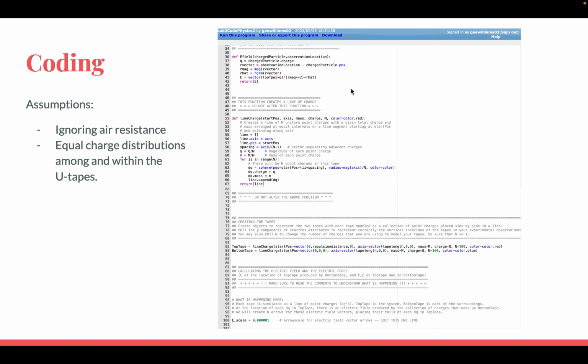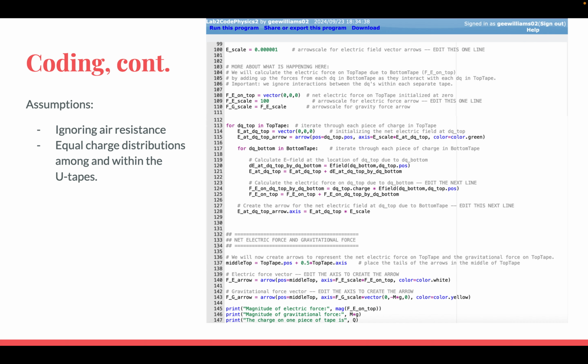So we found an E field, an electric field, and then we distributed that among the pieces of tape. And then again, we used the electric field distributed amongst a bunch of different vectors.